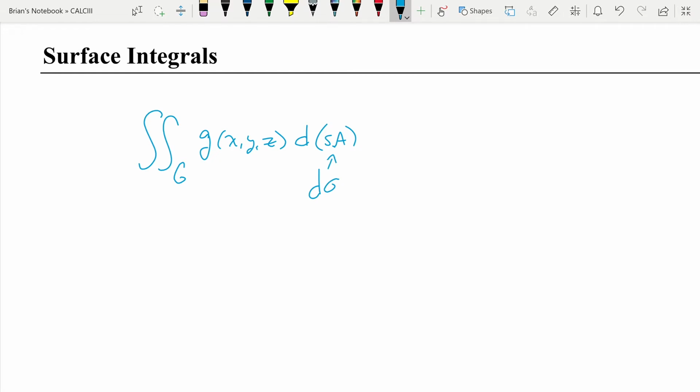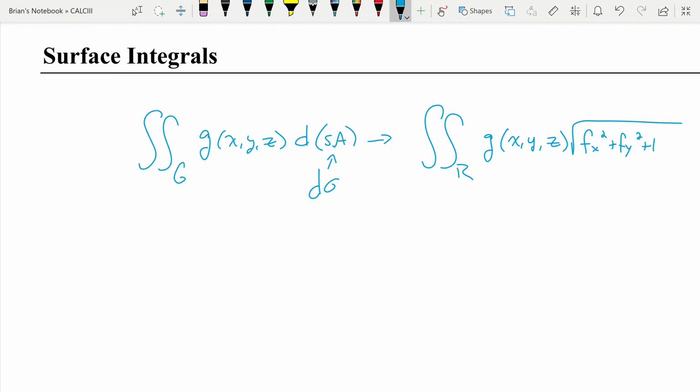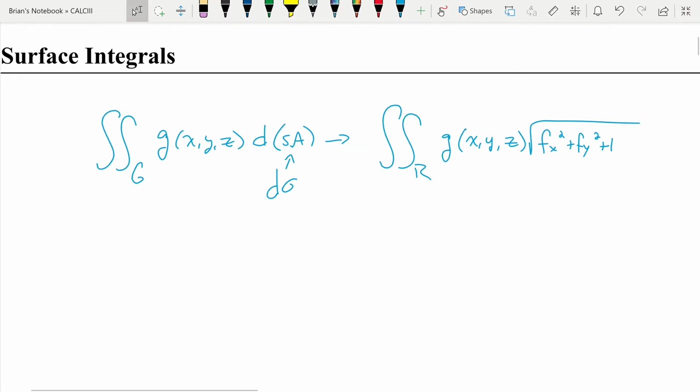If you go on like Wikipedia or something, they'll use d sigma, or maybe some other textbooks. But this will convert to a radius, and we use G of x, y, and z, and then we have the square root of partial x squared plus partial y squared plus 1. Ooh, remember, reminds us of our tangent plane equations, dA.